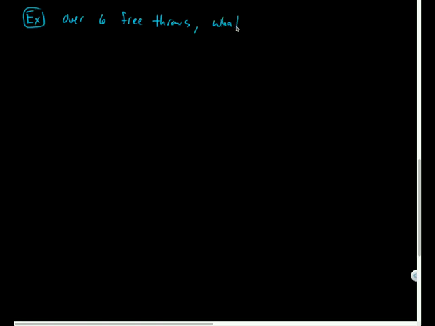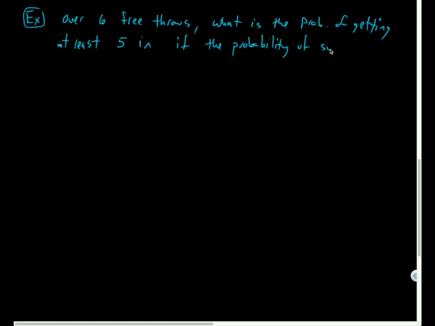What is the probability of getting at least 5 in, if, let's say the probability of a single free throw is, probably my ability would be 5%, where 1 out of 20 tries I'm actually getting it in. So I'm not very good at basketball.